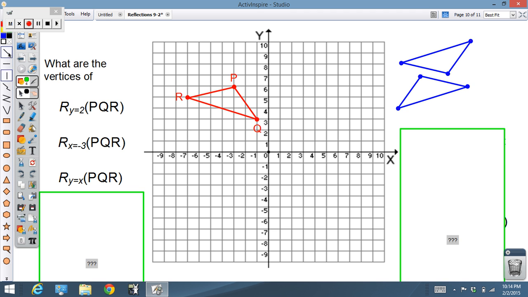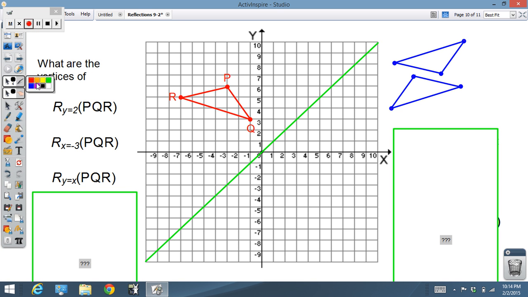The line y equals x is the one that goes right up like this. So in order to do a reflection across that line, I'm basically going to count diagonals now. I'm going to take Q, and it counts over 2 diagonals before I hit the line. 2 diagonals on the other side. So 2 diagonals over, 2 diagonals down.